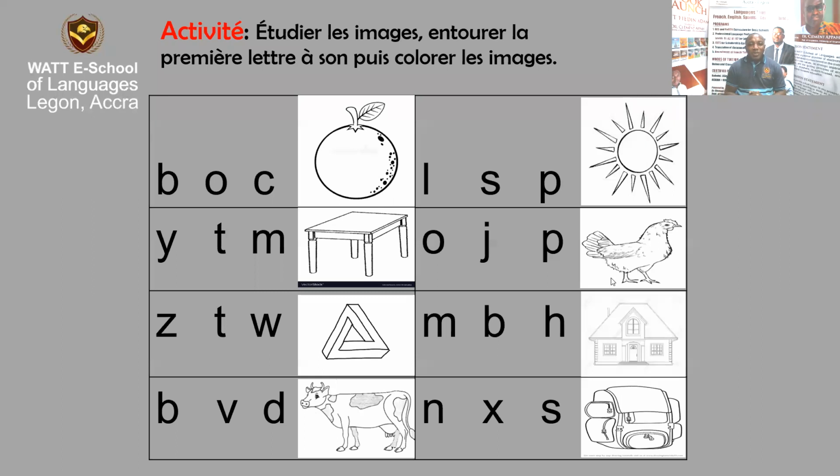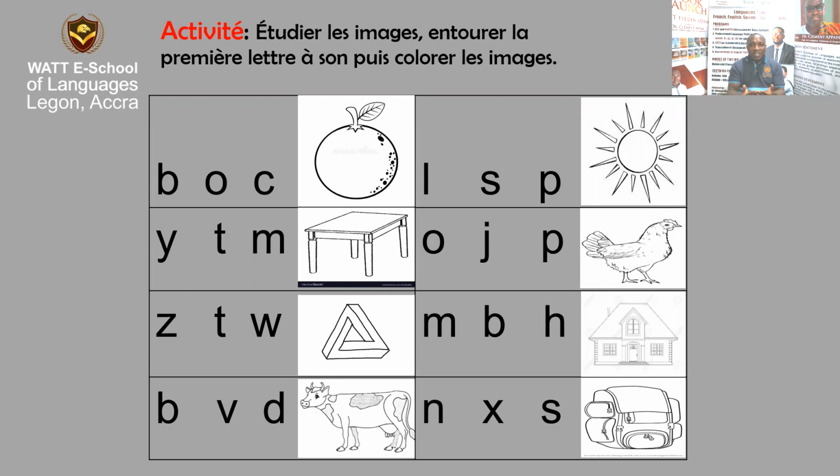Now, let me quickly read the instruction again. Étudiez les images, entourez la première lettre à son, puis colorer les images. What does it mean? Study these images, circle the first letter sound, and color the images. You circle the first letter.